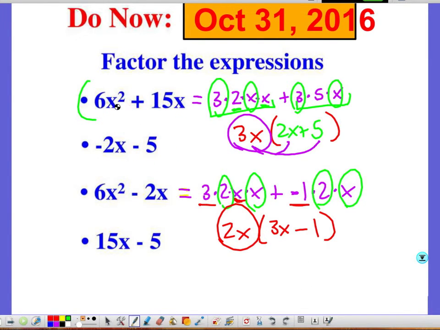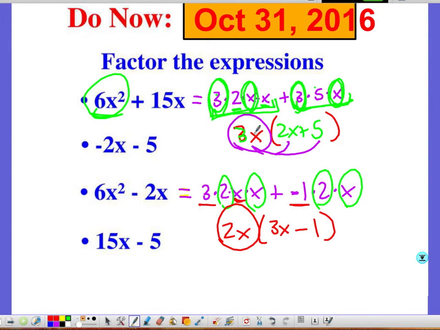And so remember, when we factored 6x squared plus 15x, if you had trouble, we basically broke down 6x squared as 3 times 2 times x, and then 15x as 3 times 5 times x. And then basically figured out what do both of these have in common. Well, basically the 3x and a 3x as well.